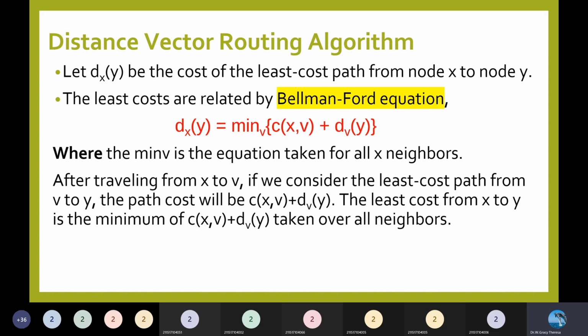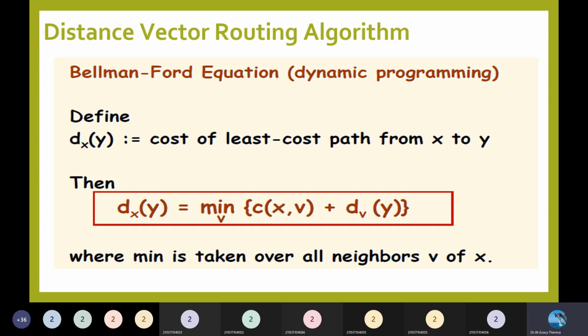After traveling from x to v, we consider the least cost path from v to y, so the path cost will be c(x,v) plus dv(y). It goes on until it reaches the destination. This is how the minimum cost path will be selected. So this is the Bellman-Ford equation.